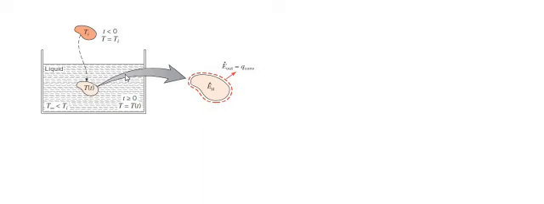Let us assume that the temperature of that liquid is ambient temperature, or maybe T infinity. Now all of a sudden we are dropping a ball, a steel ball or something, which is at a temperature Ti into it.